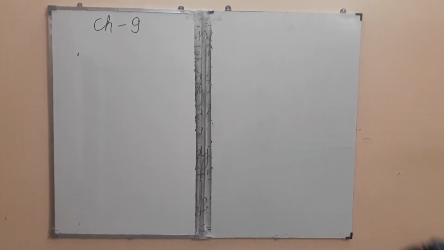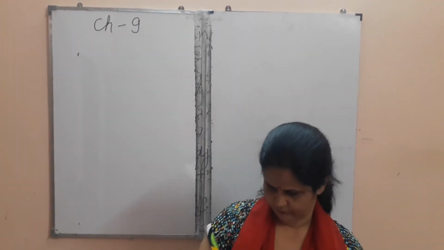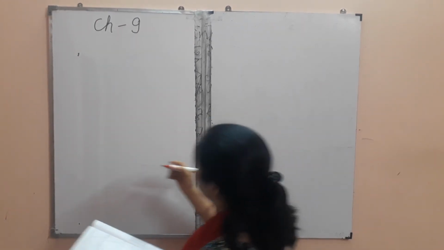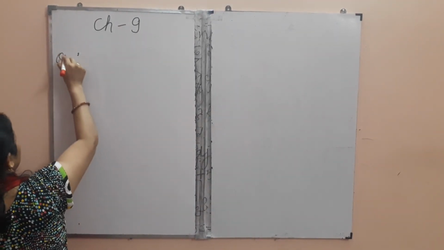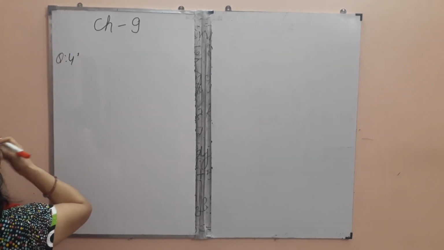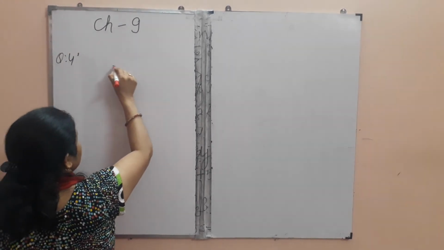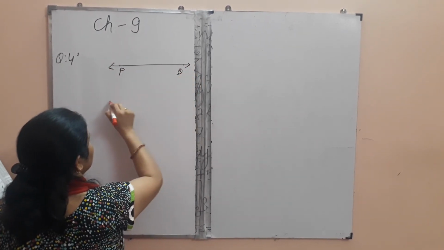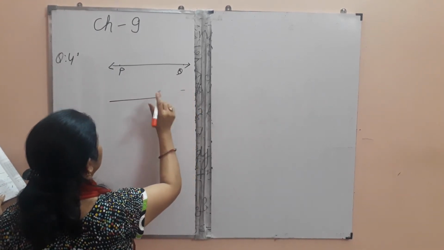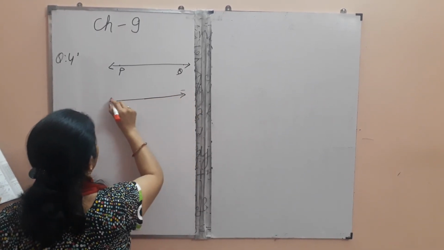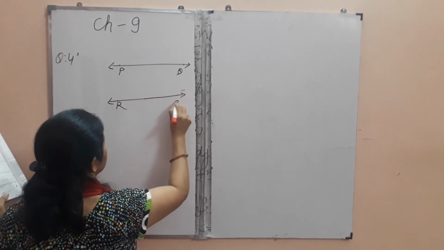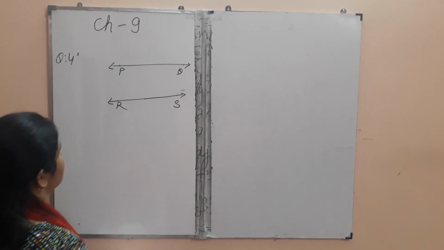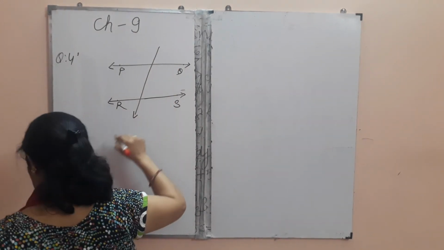Now, we will solve question number 4. If PQ and RS are parallel lines intersected by a transversal AB. This is a transversal.